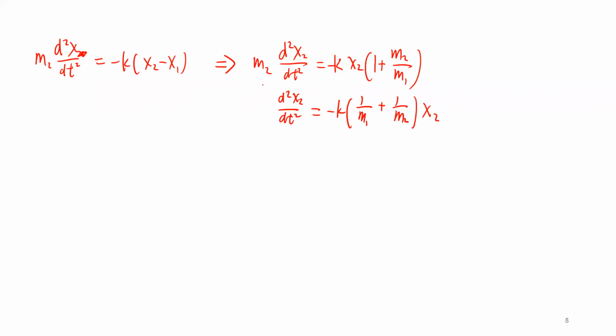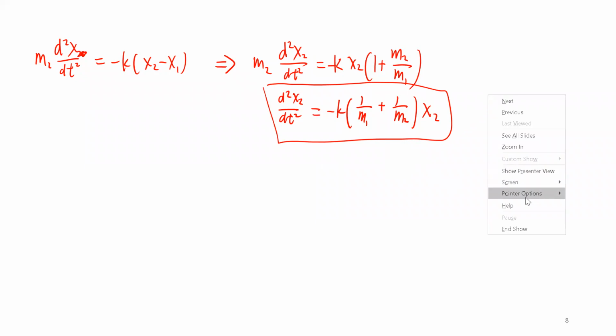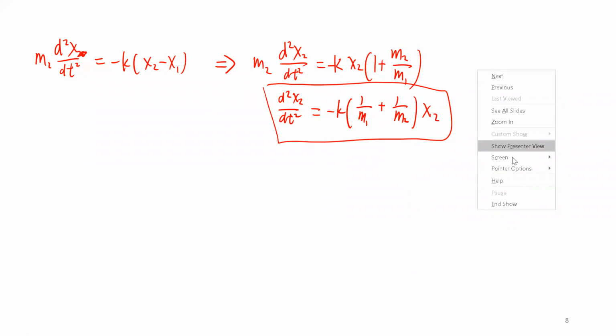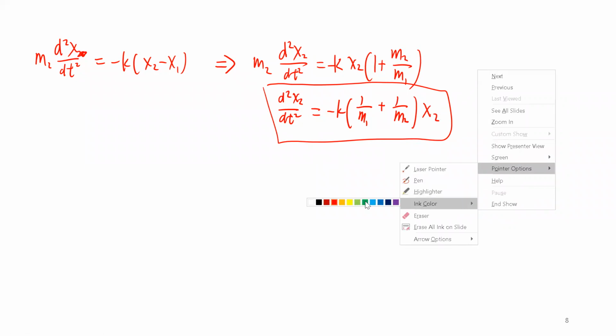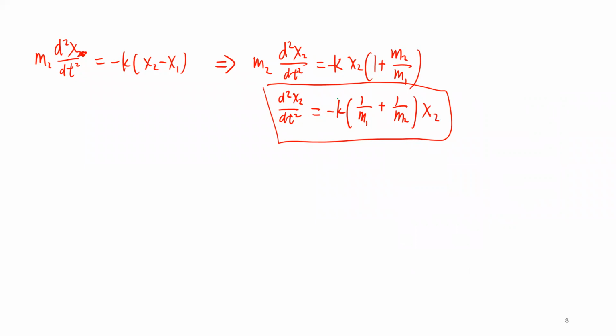Like this. Now this is the second order derivative equals to minus something times the variable itself. So you know that this whole thing is omega squared.